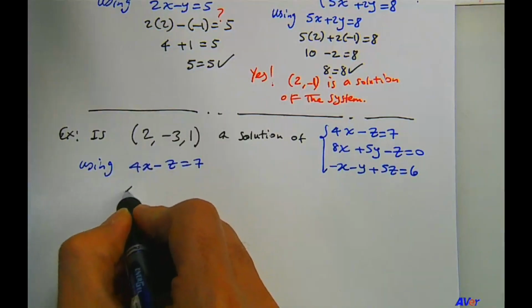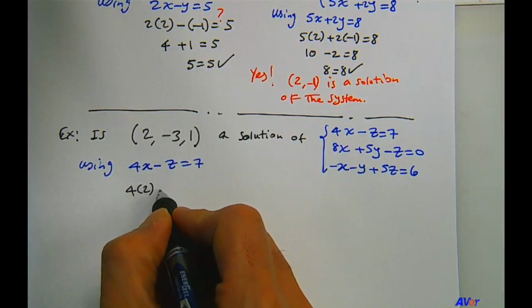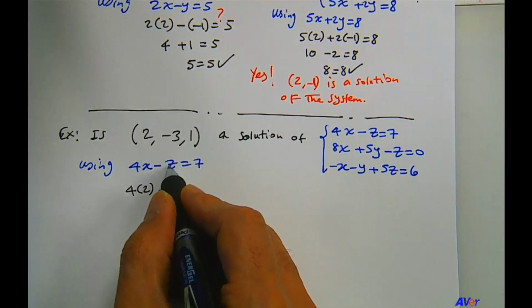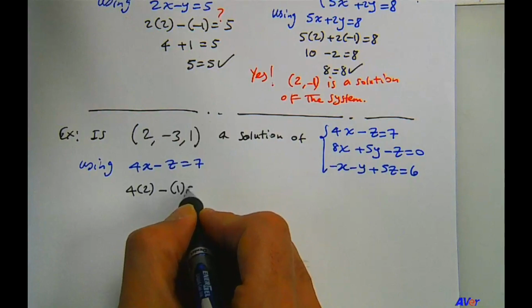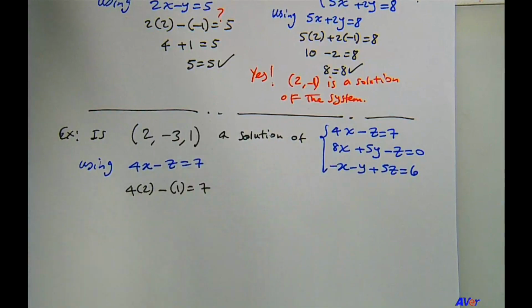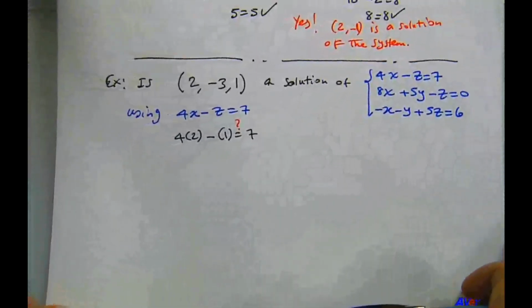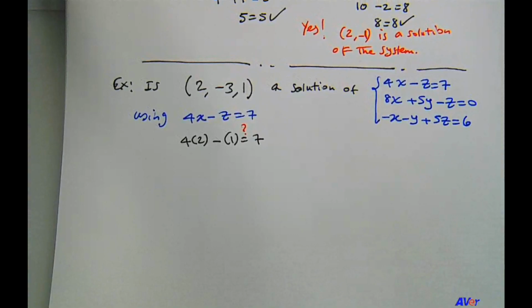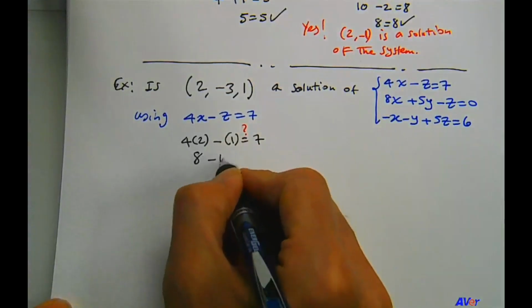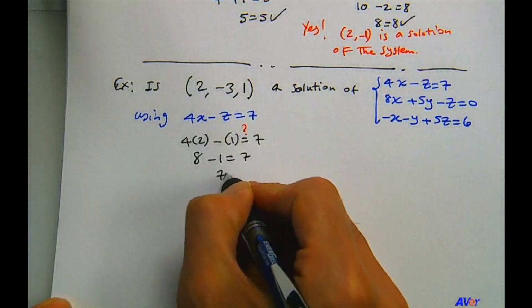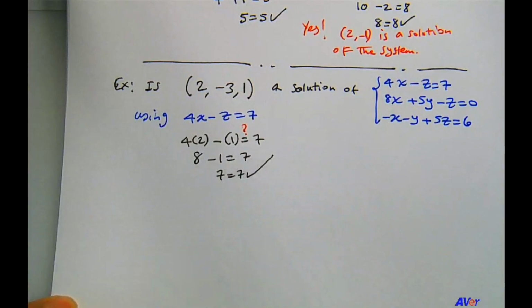Let's plug in. We have 4 times 2 minus z, which is 1. And the question is, do the left and the right hand side agree? Okay, so we have 8 minus 1 equals 7. 7 equals 7, so it checks out.